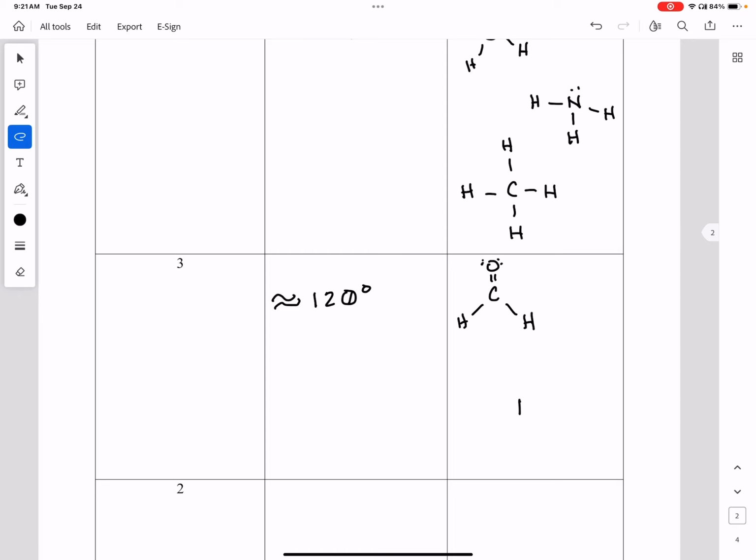Another molecule that we saw in our activity is NO2, and we of course will put that in brackets because it has a minus charge. And those are also 120 degrees away from each other.